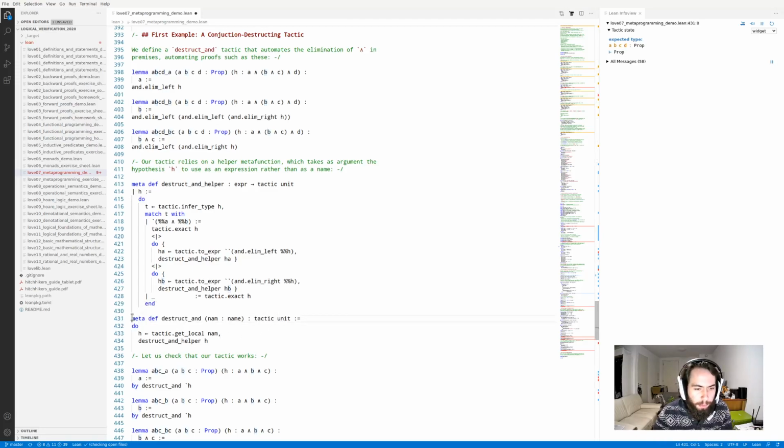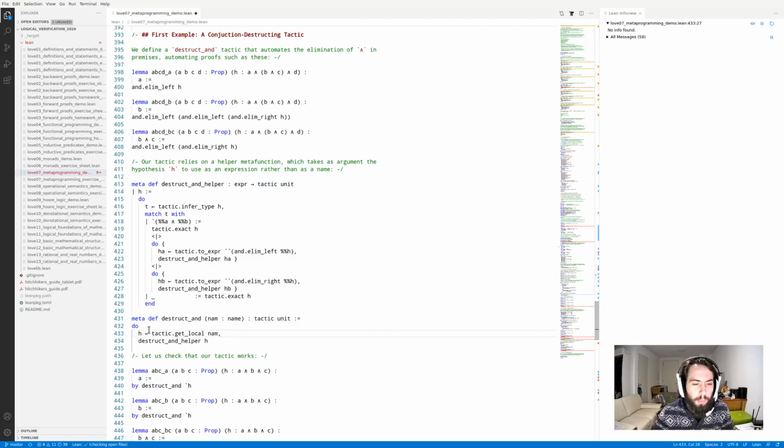So here's the kind of entry point of our tactic. We're gonna call it destruct and it takes a name, specifically the name of a hypothesis that we want to destruct, and the hypothesis is going to be a conjunction, usually. And this is going to be a tactic unit, right, because we don't expect this tactic to give any useful result.